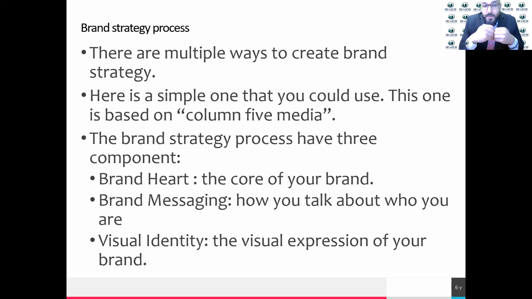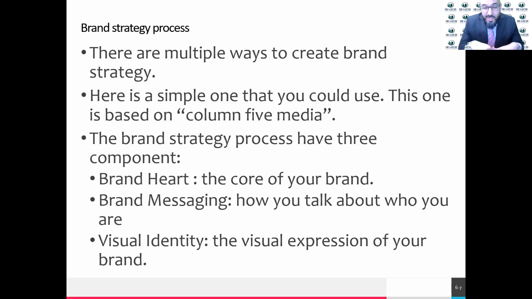And the visual identity, the visual expression of your brand. So number one, the brand heart: what you are doing, the core of your brand, what you are good at doing. The second one is brand messaging, how you talk about who you are, about your brand, your service. And number three is the visual identity. So these are the three things that you should consider for any brand strategy.